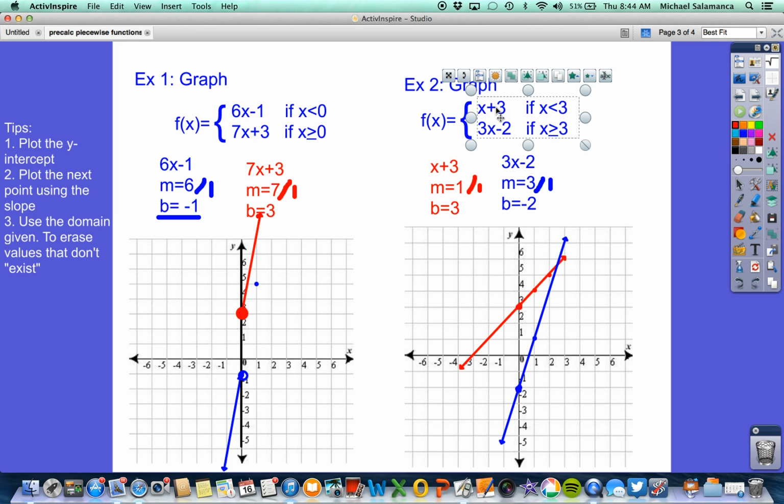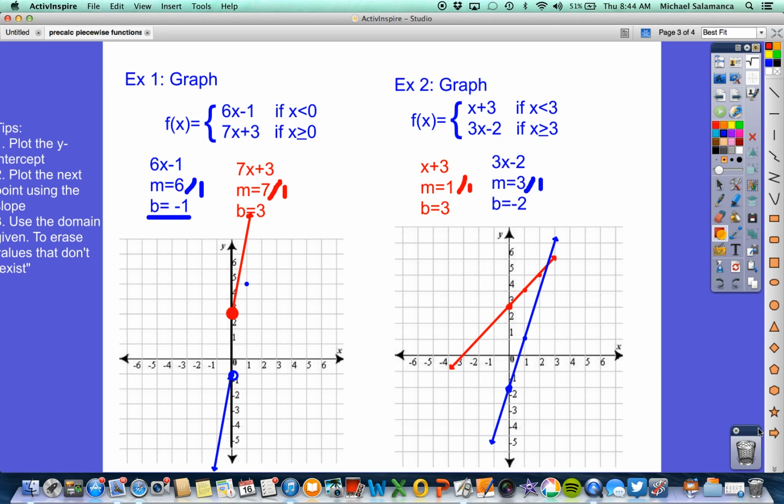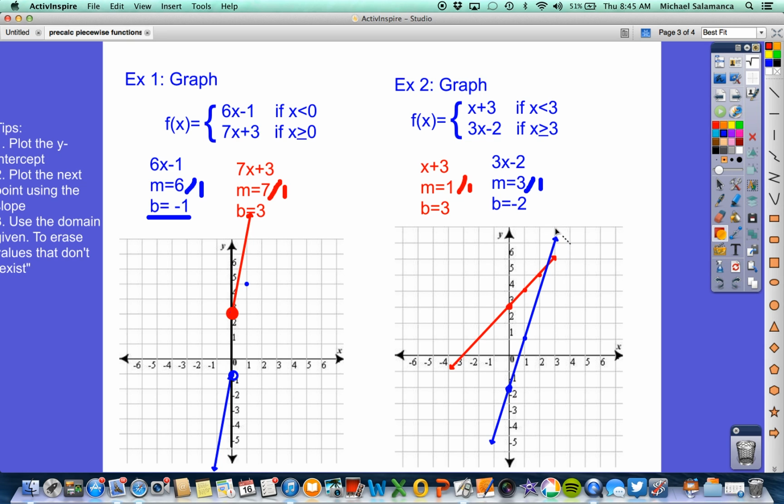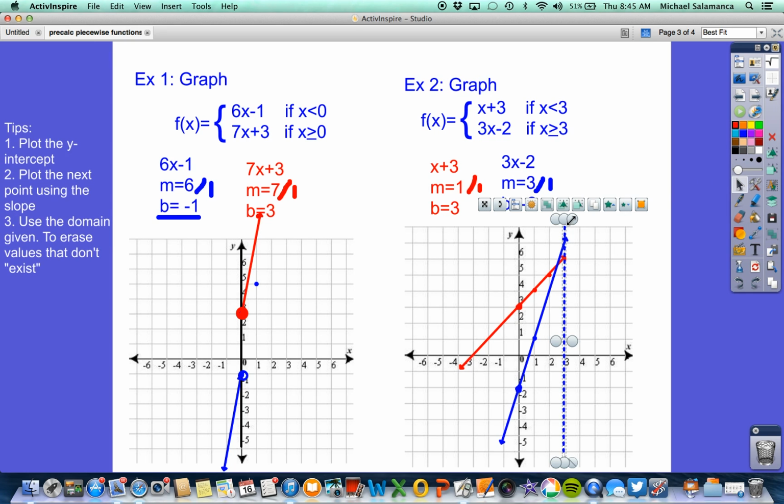For x plus 3, it says x plus 3 if x is less than 3. That means the one in red exists only when x is less than 3. So let's draw our imaginary vertical line at 3. So there it is. I'm going to extend these lines just to make sure they're clear to you.